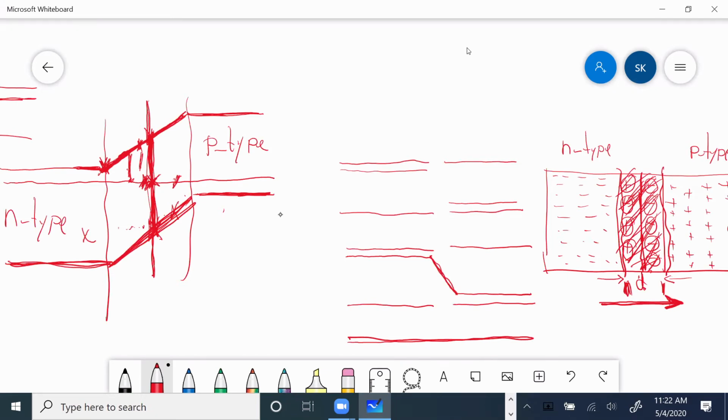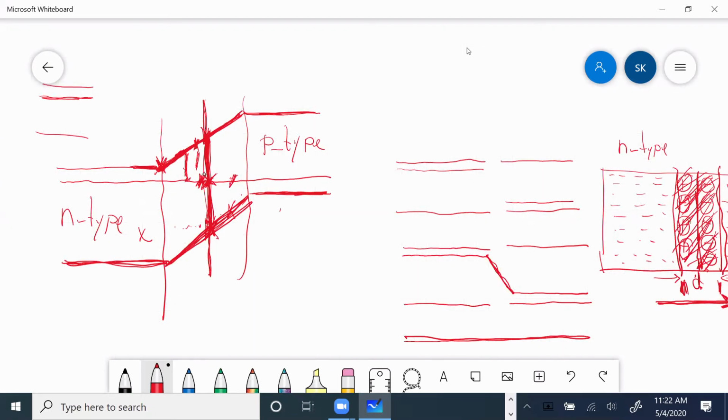Now, before this, on this side, the material which was originally n-type became less and less n-type as we go up.